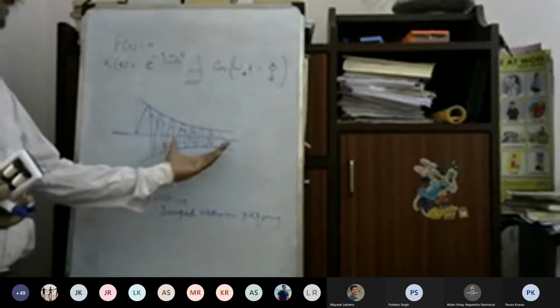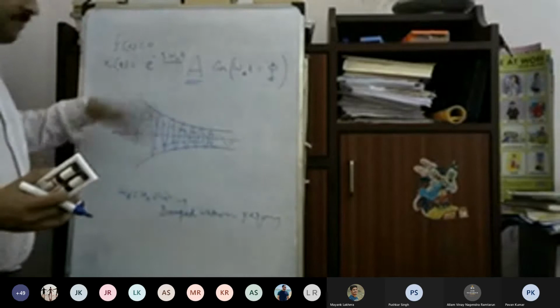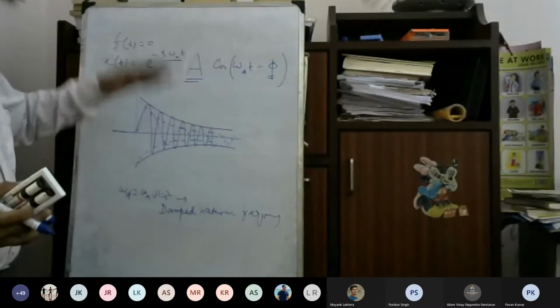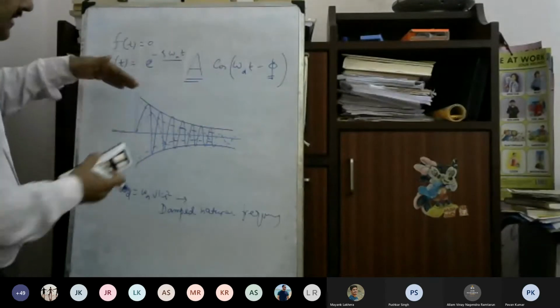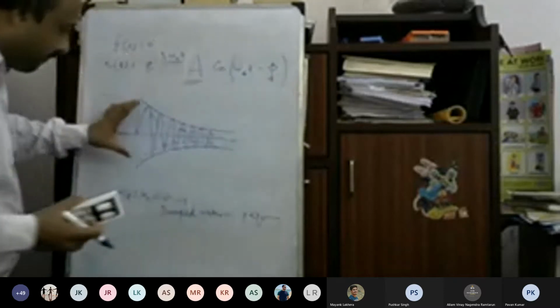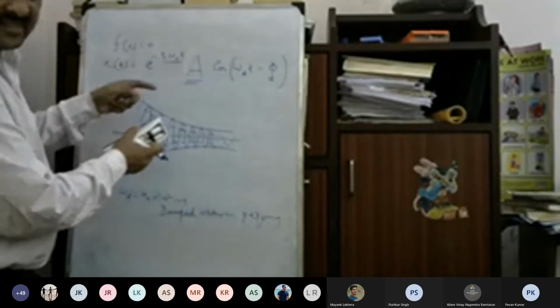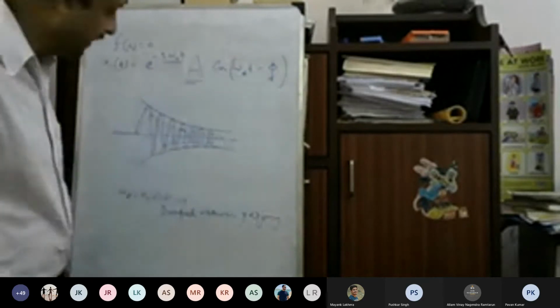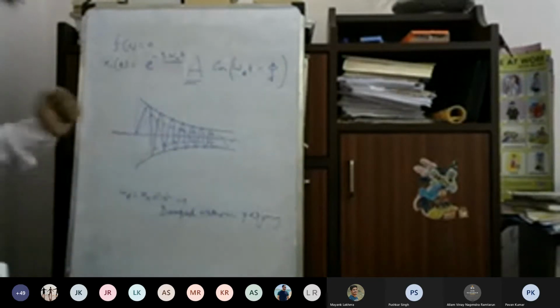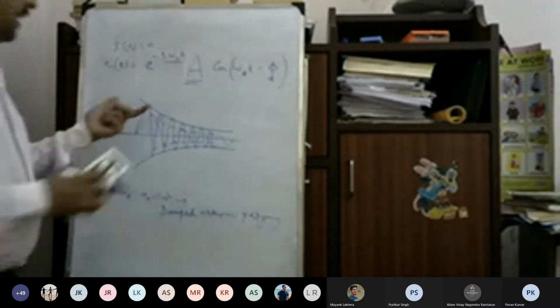If you decrease the damping, then the frequency will increase and the time period will decrease, but at the same time the oscillation will persist for a longer time. So the envelope will be less and less steep, whereas it gets steeper if you increase damping more and more. That is the observation we get here.